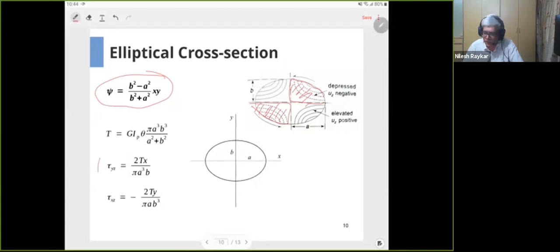Stress values and other details are given in this case.